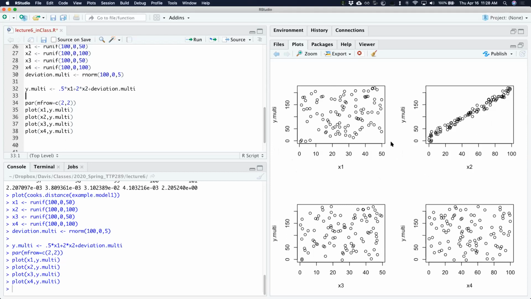If I were to graph all these, I would say x2 clearly seems like something we should be including in our model, but that's not ruling out the fact that x1, x3, and x4 may be related to y in some case, and we just can't see it visually in this case.